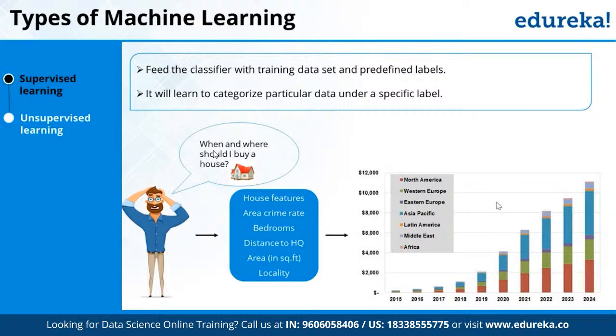So here, based on the features, I am trying to get the particular type of customer where the chances of purchasing the Python course are more, and then I will market to them. Obviously I'm narrowing down the customer base, hitting the exact customer base, and then targeting them for marketing.